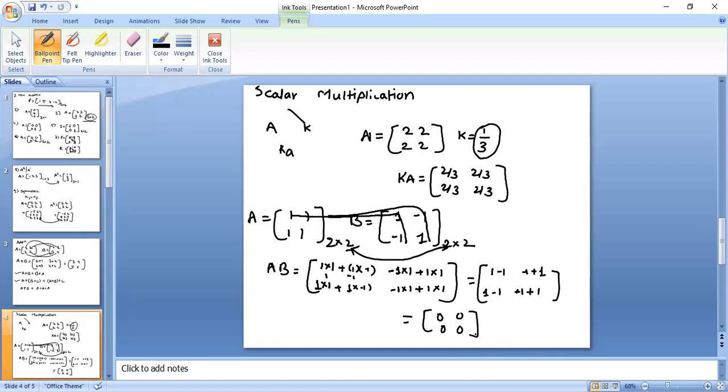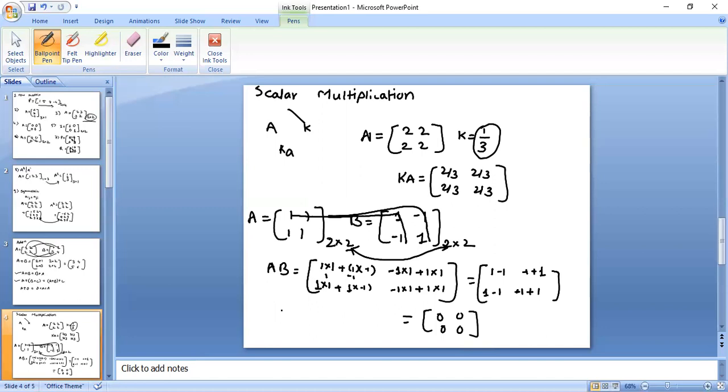So next we will see properties of multiplication of matrices. A, B, C are matrices such that their multiplications are possible. 0 denotes null matrix of appropriate order and I denotes identity matrix of appropriate order. Then multiplication of the matrices is not commutative: AB is not equal to BA for all matrices A and B. Multiplication of matrices is associative.